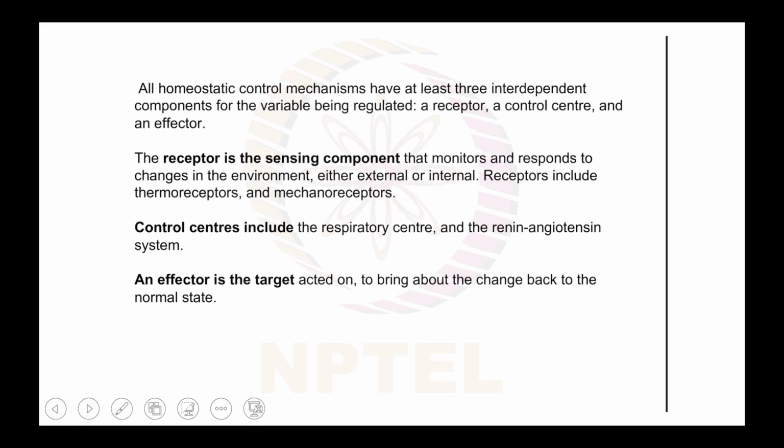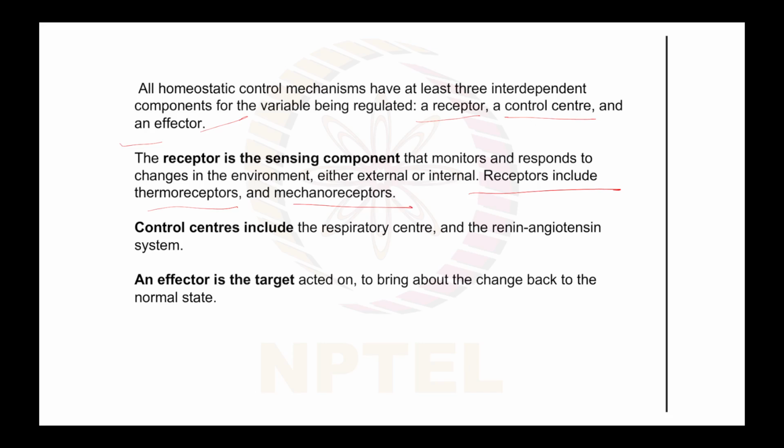Okay, so if we see here, all homeostatic control mechanisms have at least three independent components for the variable being regulated: a receptor, control center, and effector. The receptor is the sensing component that monitors and responds to changes in the environment, either external or internal, and receptors include thermoreceptors, mechanoreceptors, and baroreceptors.